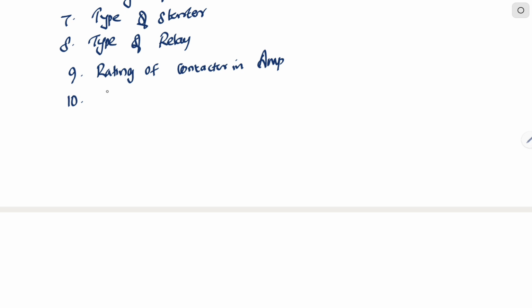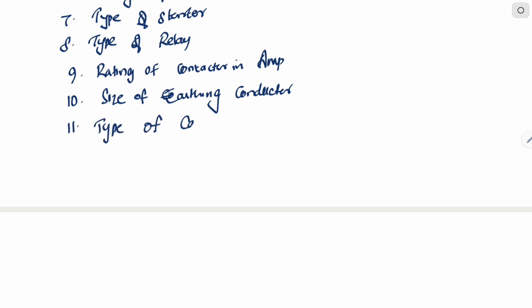In the 10th part, size of earthing conductor. 11th point, type of cable, aluminum or copper, whether XLPE or not.